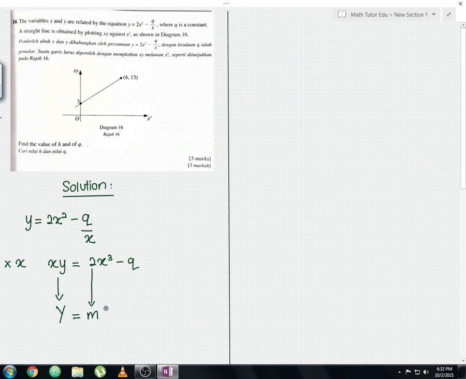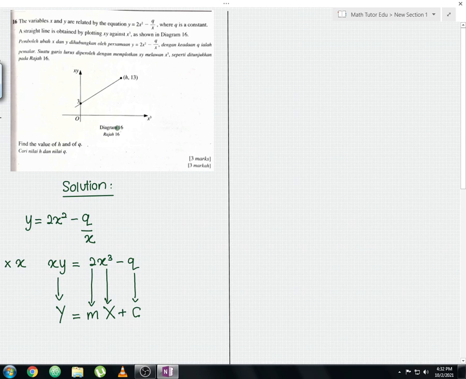Then this x cubed we can treat as the x-axis, and this negative q we can treat as the y-intercept. So from here xy is equal to 2x cubed minus q. So we have already come up with a straight line equation form with reference to this diagram. So that will be your first step.